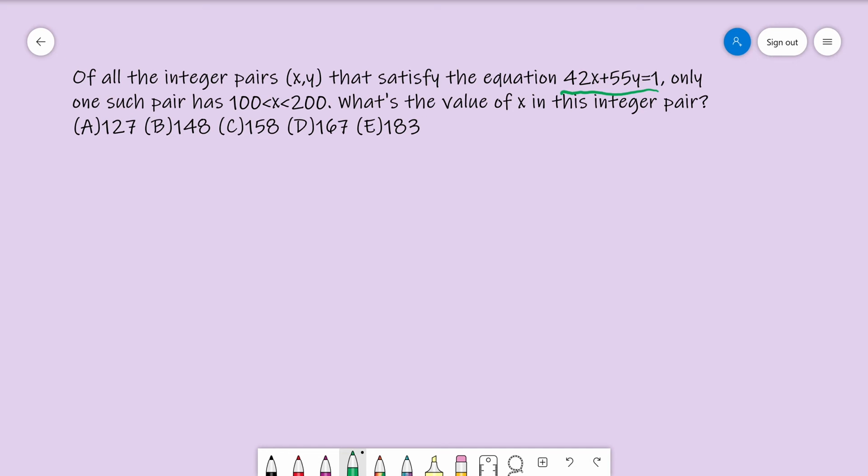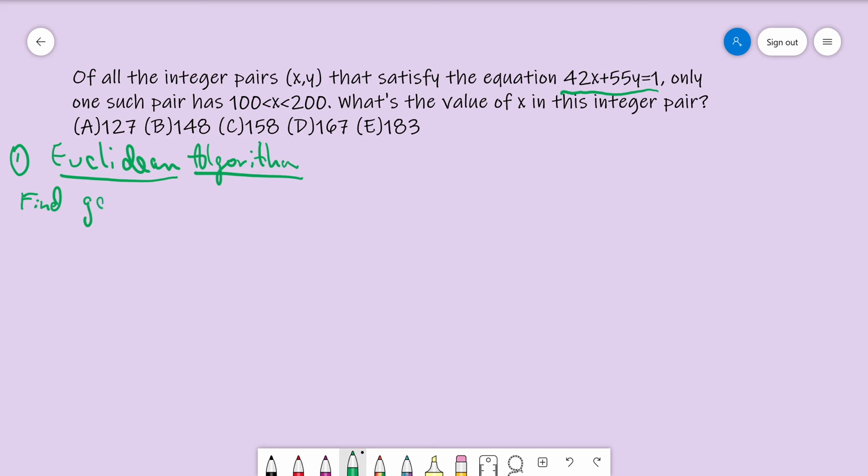Okay, so first of all, we'll use the Euclidean algorithm to find the greatest common divisor of 42 and 55.